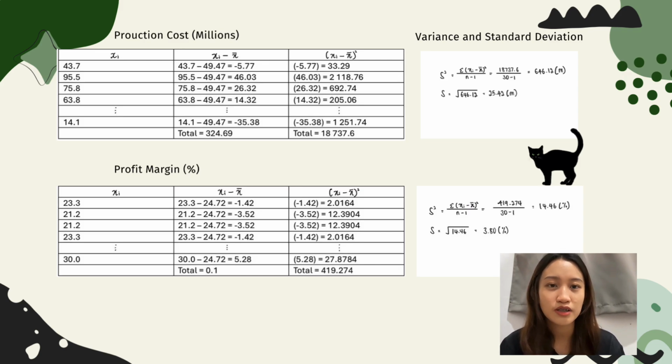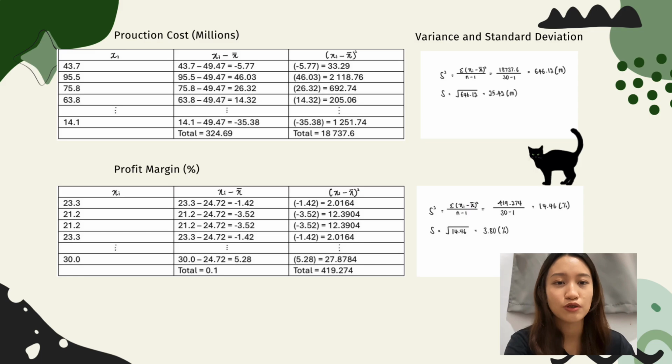For example, UMW Holdings Berhad has a very high production cost at 95.5 million, while Inggris Corporation Berhad only spent 14.1 million. On the other hand, profit margins don't vary as much, which means that even though companies spend very different amounts, their profit as a percentage of revenue is quite similar.